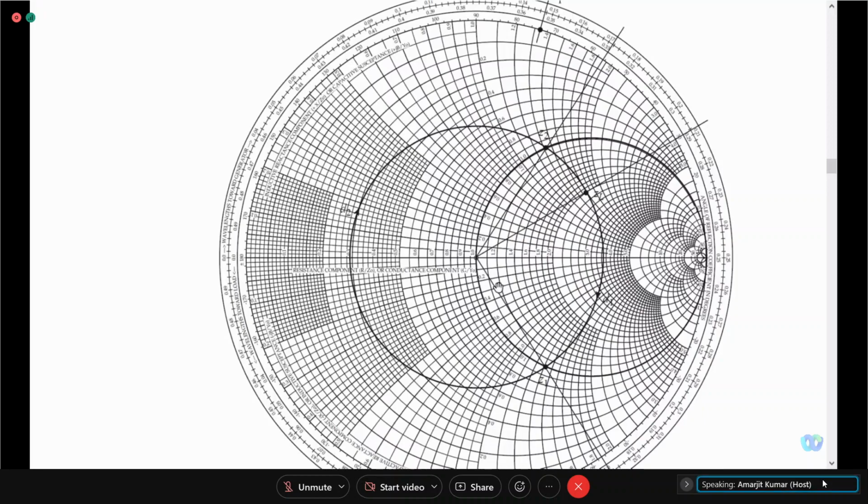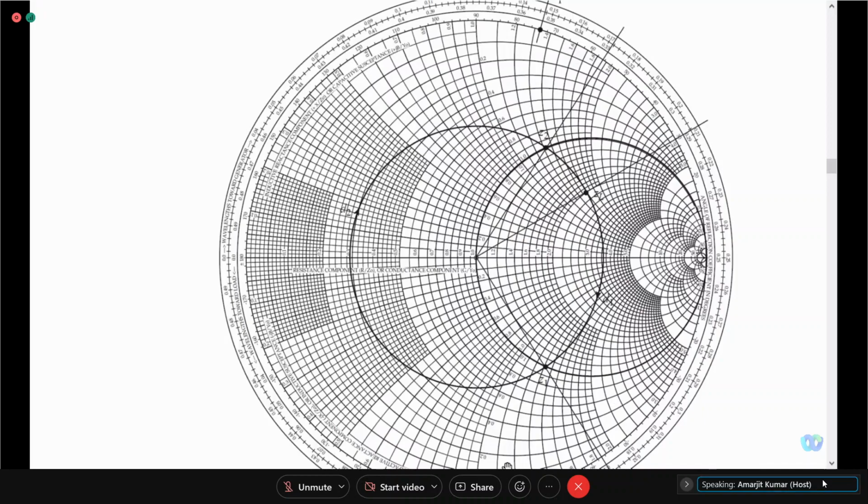So 1 plus Jx. It is here, this circle highlighted. So ZL to Z1. What is the value of D1? And again it will intersect at this point Z2. But first we'll talk about Z1.